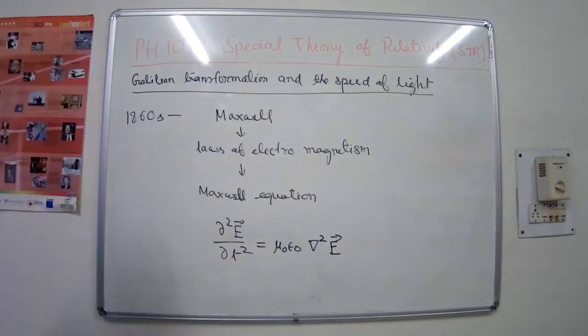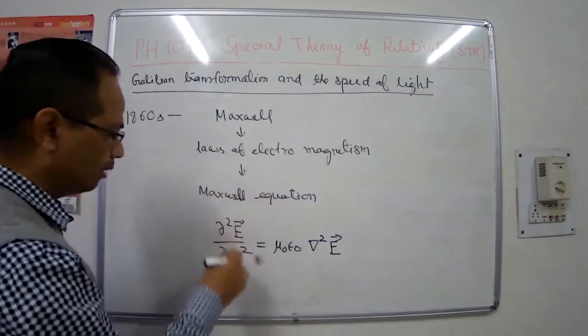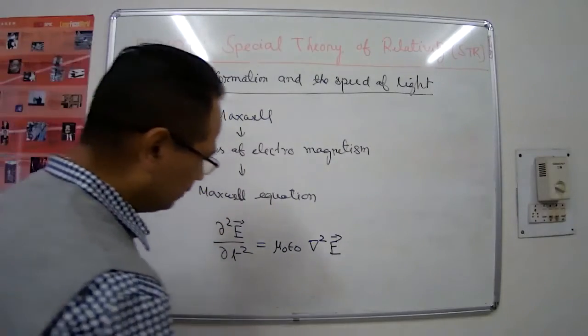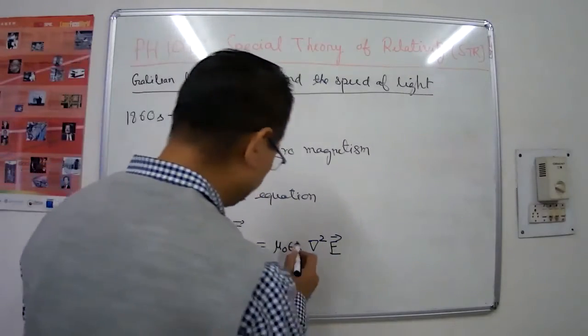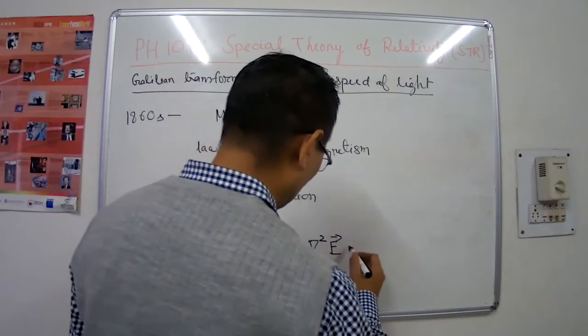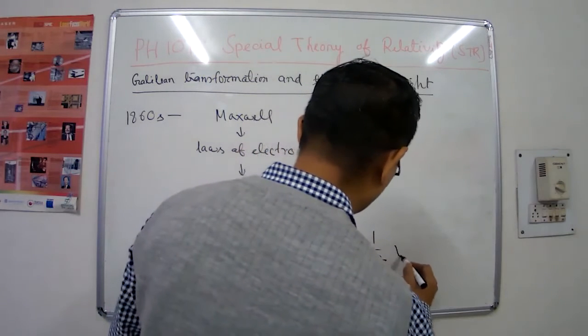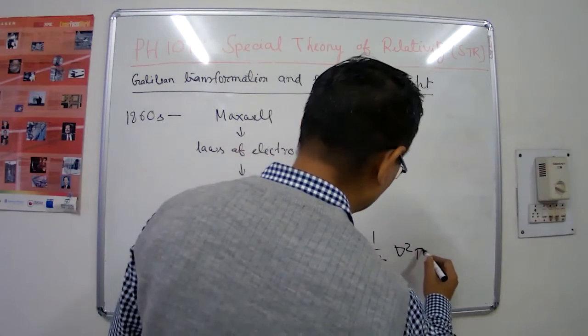This expression comes out of the Maxwell equations, and it is found that mu naught epsilon naught is actually equal to 1 upon c squared. So 1 upon c squared del square E.